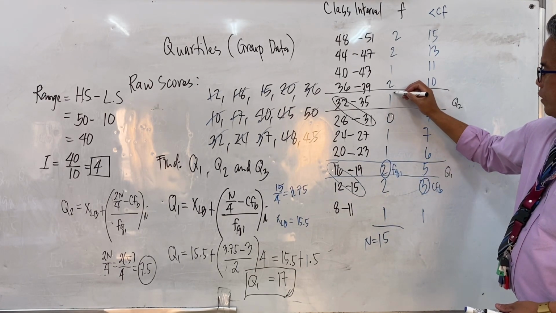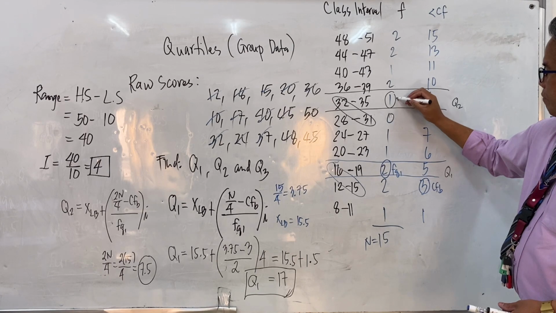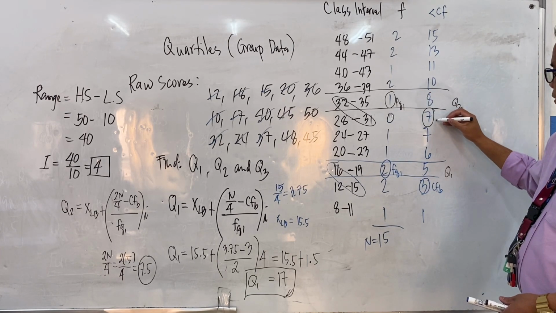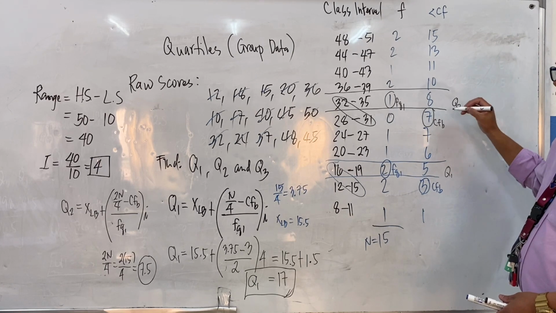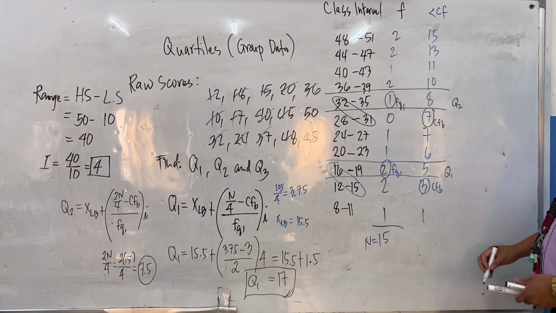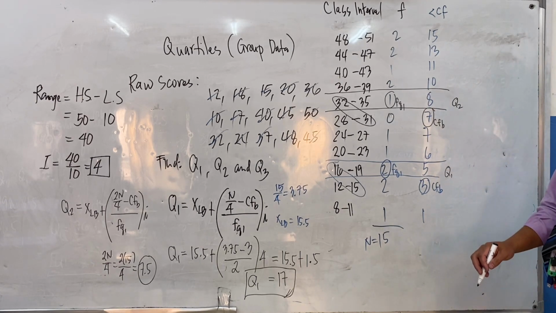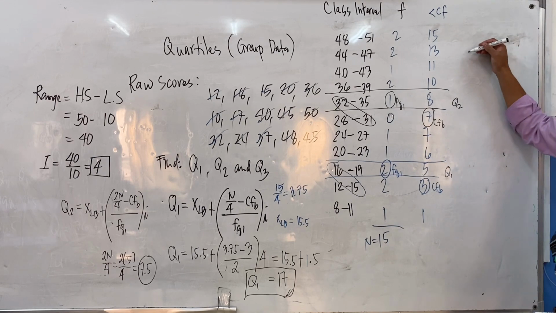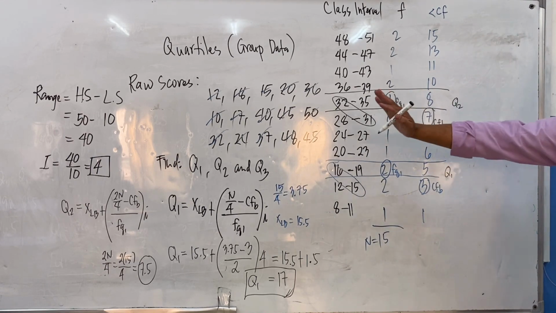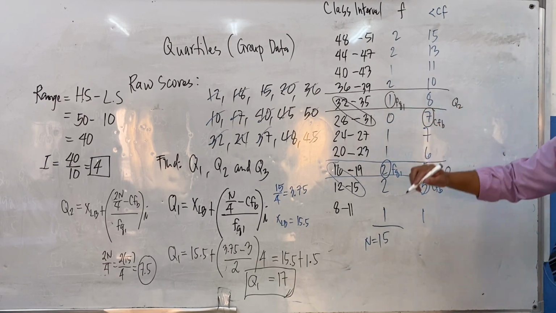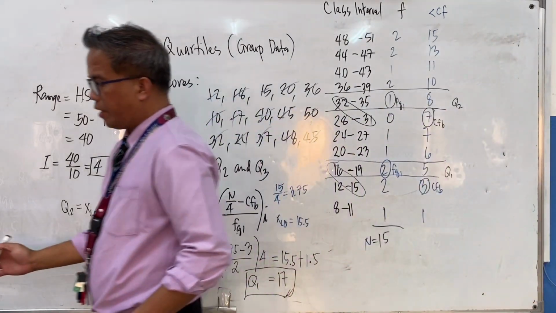This is your FQ1. Then this is your CFB. Okay? Now, by substitution, we can write the formula. We can write it here because no more space. So we can write the solution here.